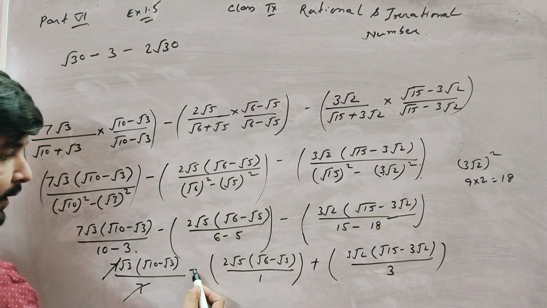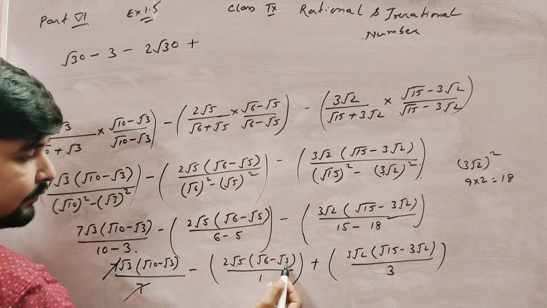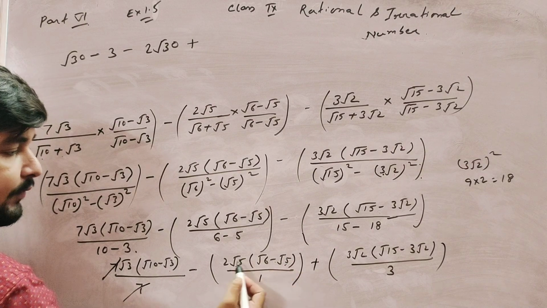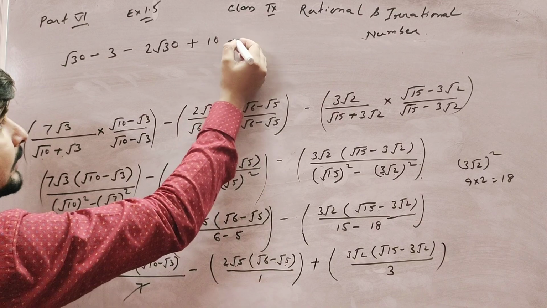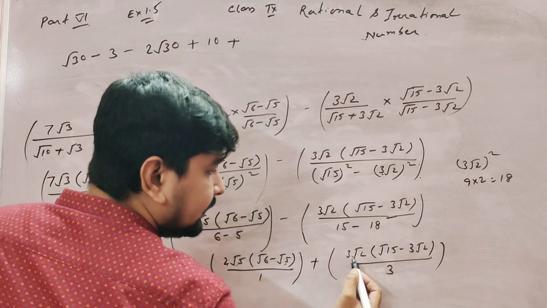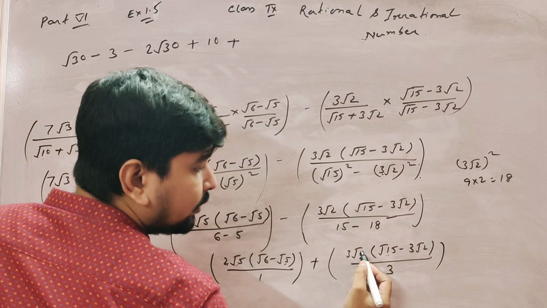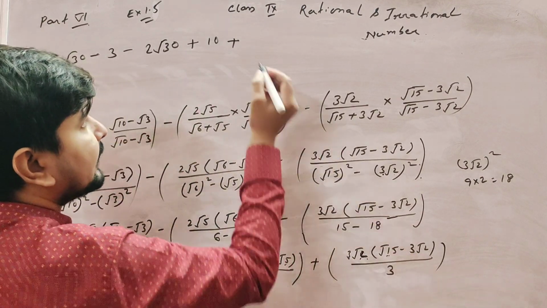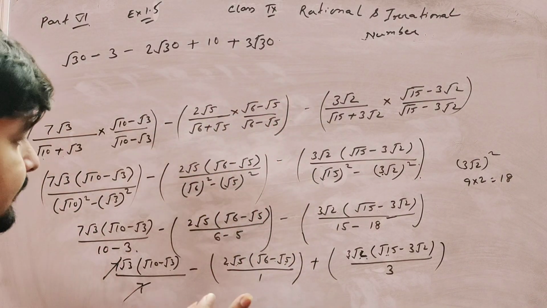Done. Minus plus root 5 into 5, again I repeat, root 5 into 5 into 2, 5 twos are 10. Plus 3 root 2 into root 15: root 15 into root 2 is root 30, root 30 into 3, that is 3 root 30. Clear?